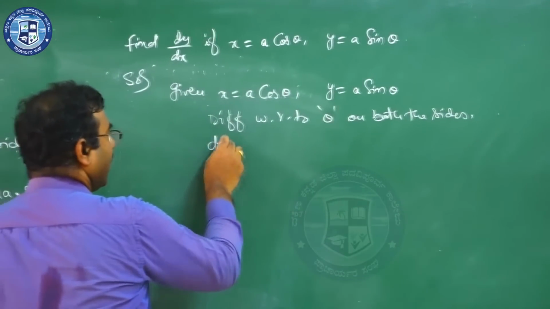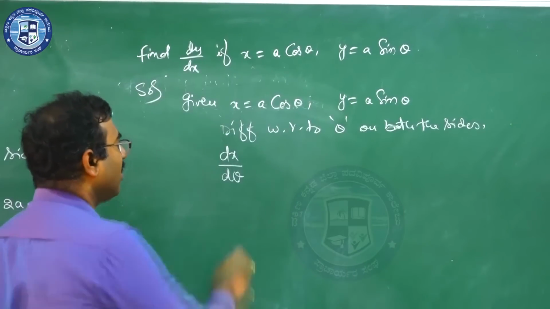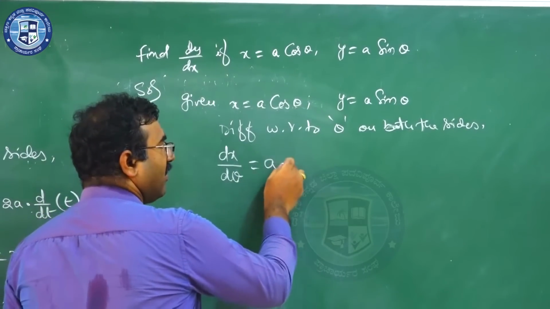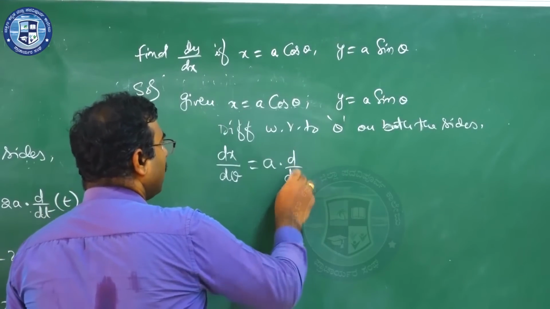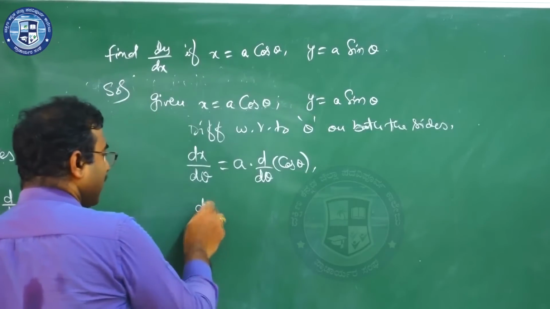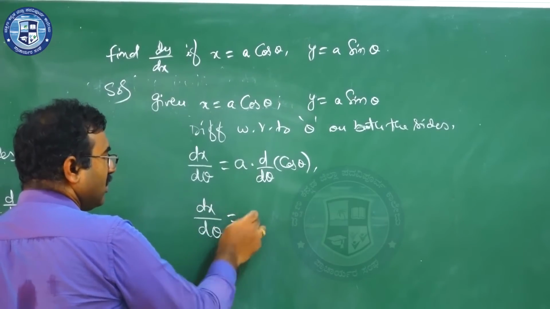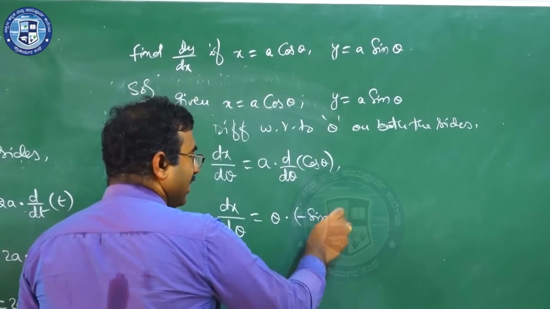So dx by d theta is equal to a, which is a fixed value, constant, you can write outside, d by d theta of cos theta. So what you are getting, dx by d theta is equal to a into differentiation of cos theta, which is minus sin theta.